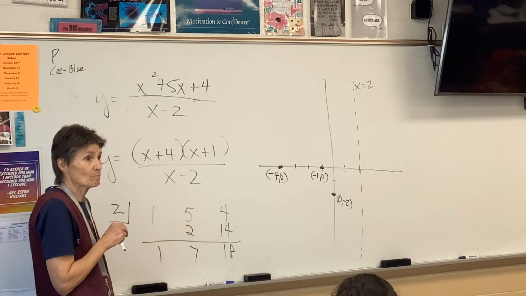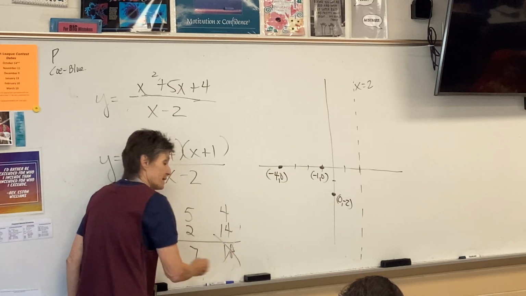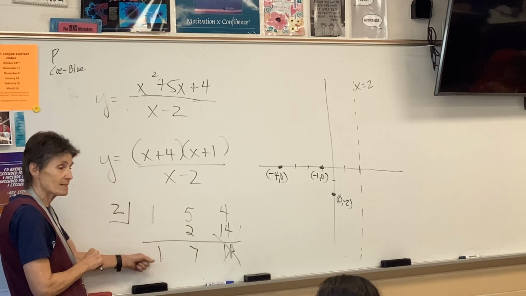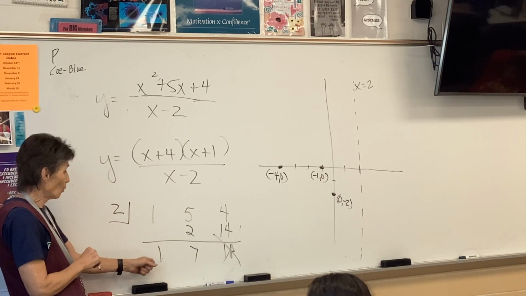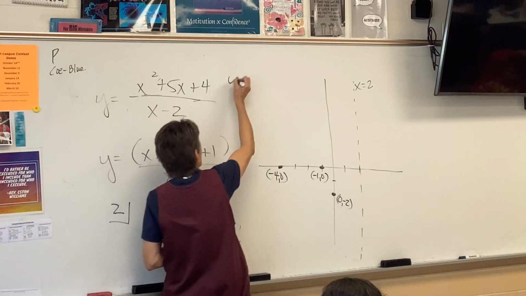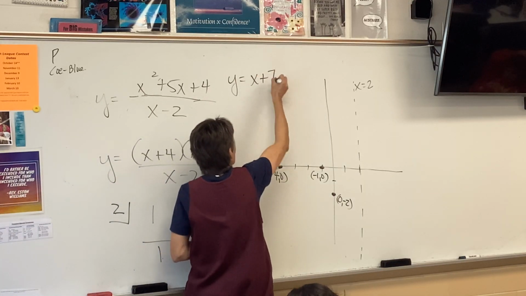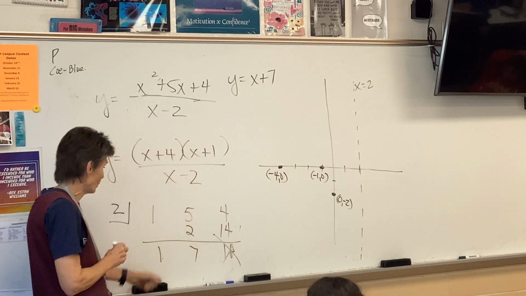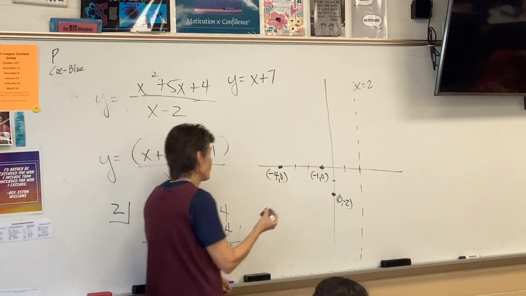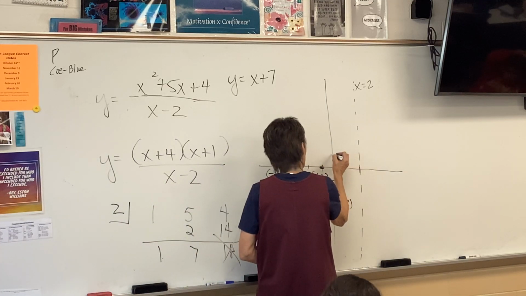Where slant asymptotes are concerned, we don't care. That is not part of our issue. This is our slant asymptote. What does this say? x plus 7. So your slant asymptote is the line y equals x plus 7. So I'm going to come over here and graph that line.